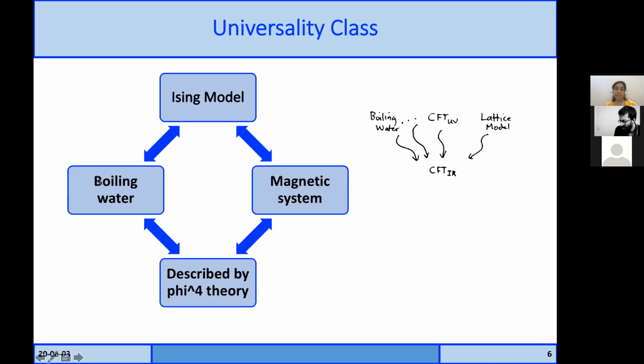The examples that we saw were boiling water and the magnetic system, and they are in the same universality class as the Ising model. What it means is that studying any one of these will allow us to determine the critical exponents for the entire class. And this is the universality class. The theoretical tool to study this universality class is φ⁴ theory, which I'll discuss now.